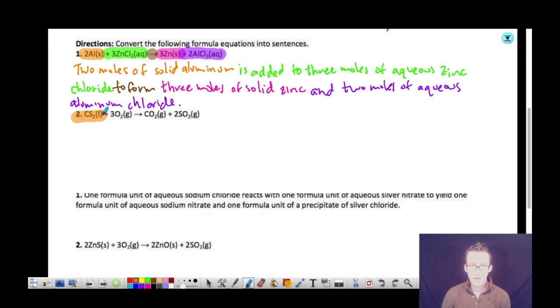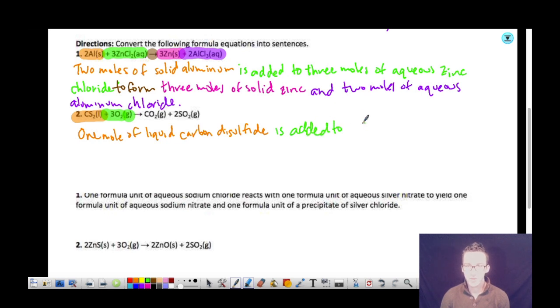Okay, and our last one for this video here, if you take a look at problem number 2, we have got 1 mole of liquid carbon disulfide, covalent compound, is added to 3 moles of oxygen gas.